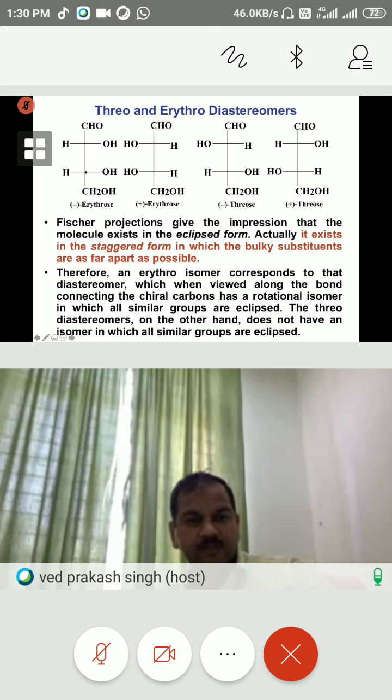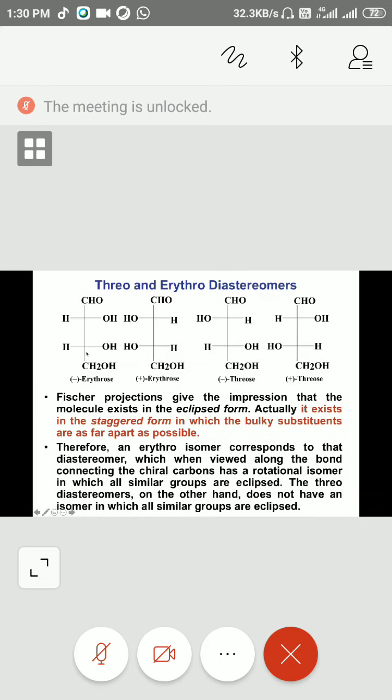Erythrose will give eclipsed with similar groups, but threose will give different groups eclipsed.